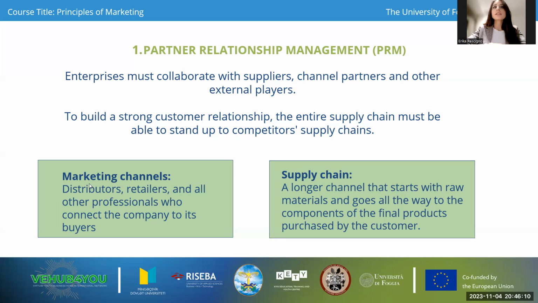And the supply chain starts with raw materials, so from the procurement of raw materials to the delivery of the product to its final destination. On the other hand, we have marketing channels, which are made of distributors, retailers, and all other professionals who connect the company to its buyers.